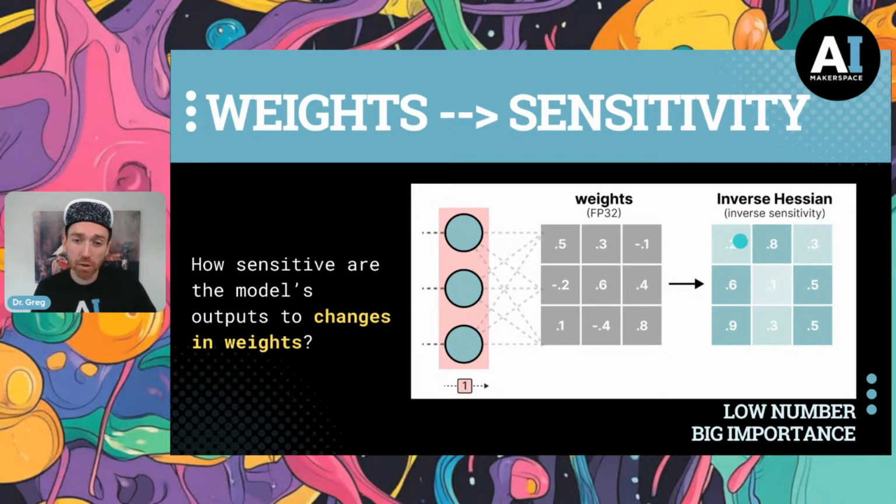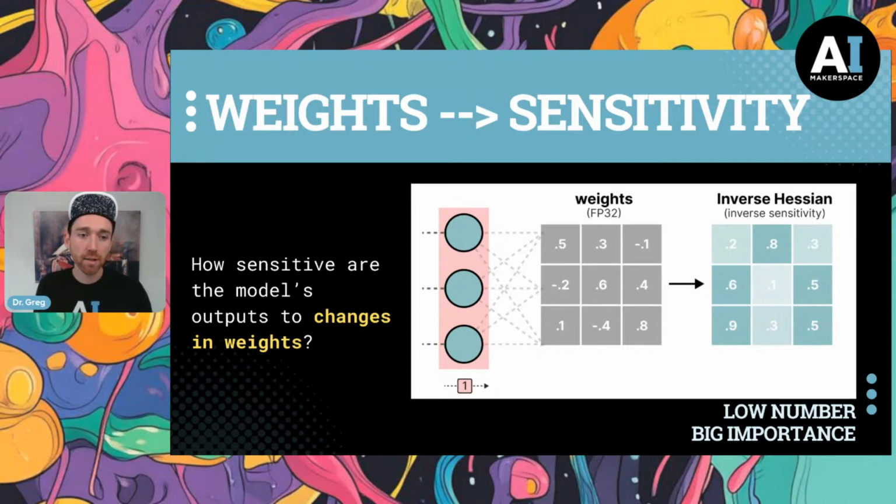If it's a low number, it's actually quite important, and so we want to pay attention to that. This is what is meant by second order information, because this inverse Hessian is a second order derivative of the model's loss function. Again, these details aren't super important. What's important is that we're trying to figure out how sensitive the model's outputs are to, get this, changes in weights.